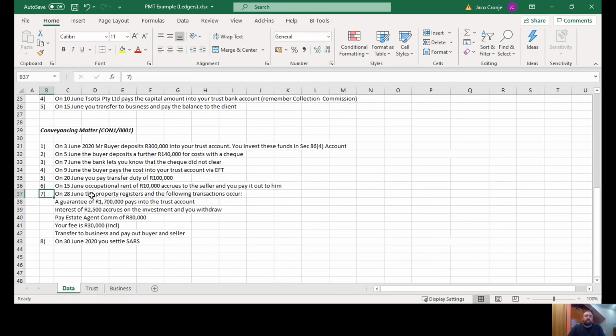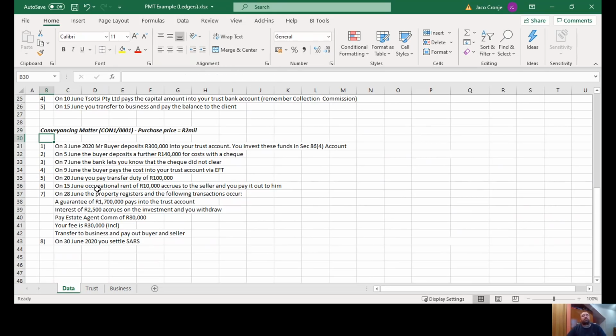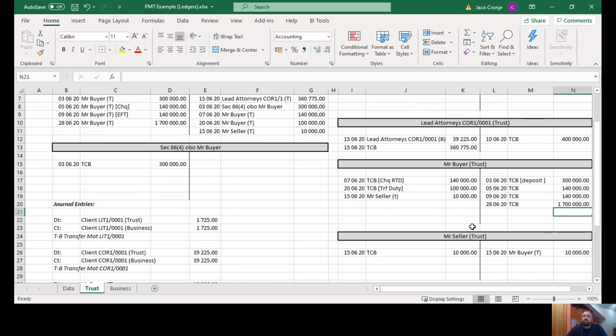Now, what also happens at this point? I must have inserted this in the question: purchase price equals 2 million. So what happens on the day of registration? Mr. Buyer actually owes the money to Mr. Seller.